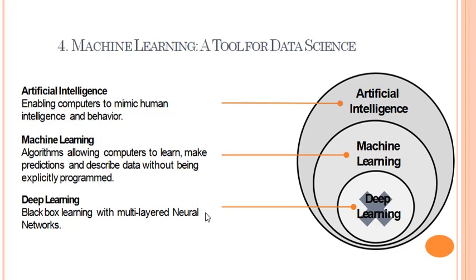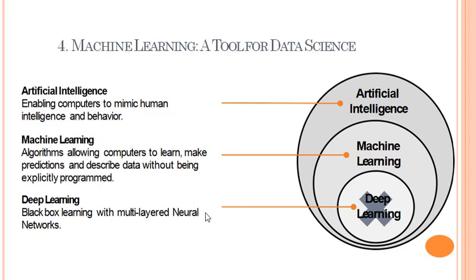In deep learning, this multi-layered neural network acts as a black box, because it extracts the features from the input data set and then performs classification. Normally the term deep learning comes from the deep structure of the neural network, right?